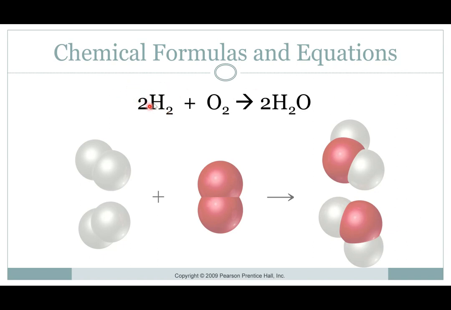So we see big numbers in front, little numbers underneath. Let's talk first about the little numbers because we've seen those before. These little numbers are called subscripts, and they tell us about identities, so the identity of this compound. So this is H2. What that tells me is there are 2 hydrogen atoms that are bound together.